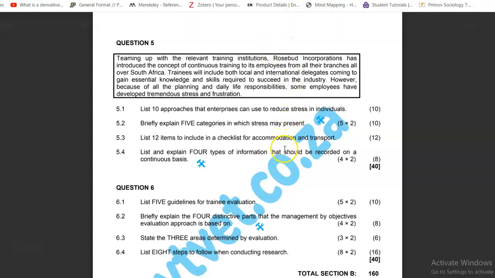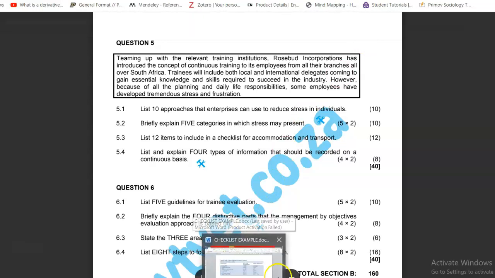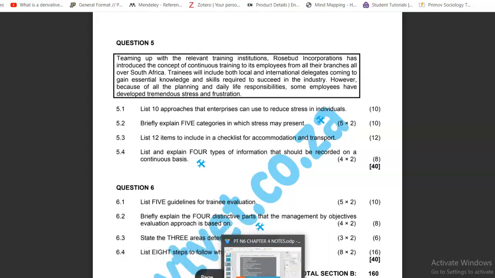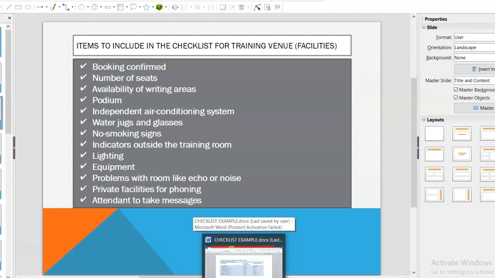List 12 items to include in a checklist for accommodation and transport. So do you see how demanding it is? You really need to study here. So let us go back to it. Remember, I said I have 15 minutes. One could also ask, what if they ask you to design a checklist?